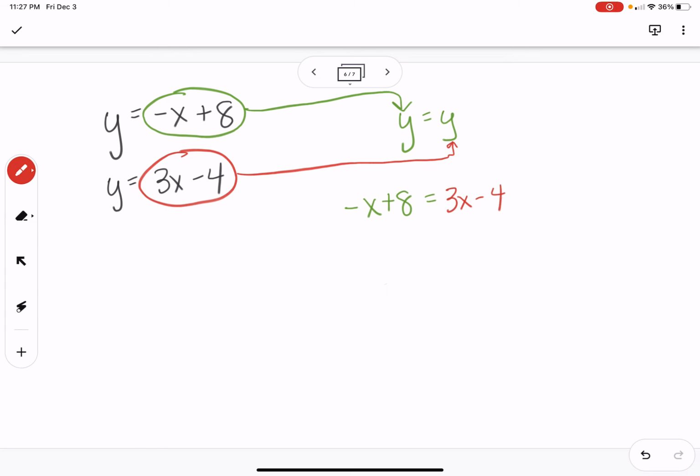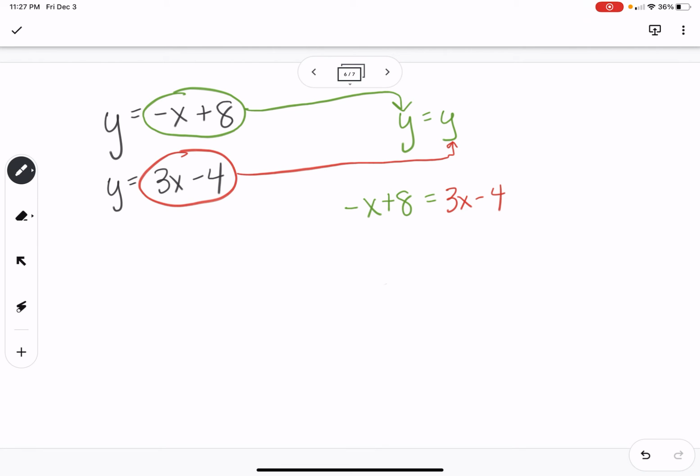When they both are solved for y, you just set the other two sides equal to each other. That's all you do. Notice the y's are gone. There are no more y's. It's just x's now, right?